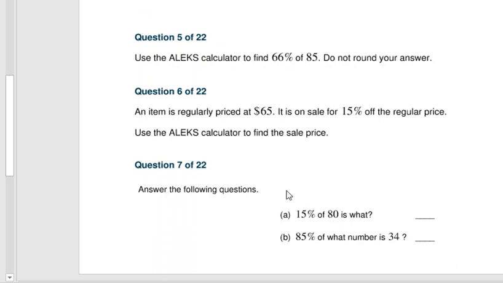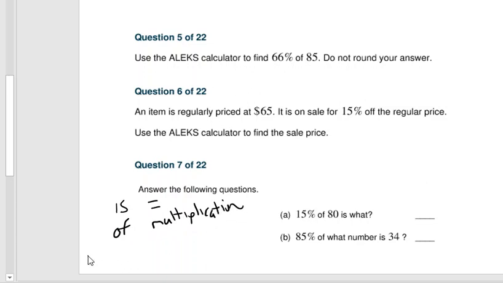Okay, so let's go ahead and do one like question number 7. This is one of those types where you need to take the words and you need to write an equation using those words, and then you just solve that equation. Okay, so again, you're going to replace the word is with an equal sign. You're going to replace the of with multiplication.